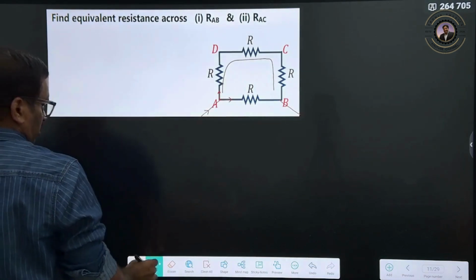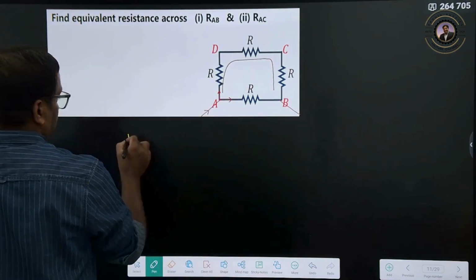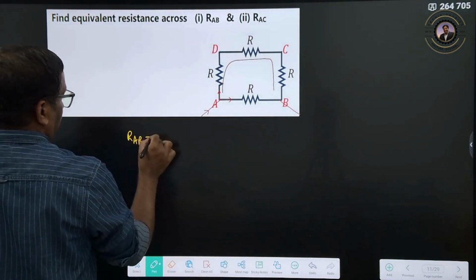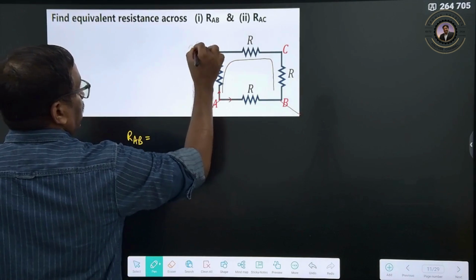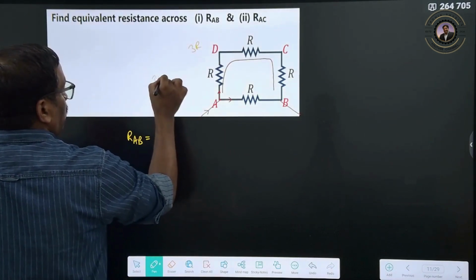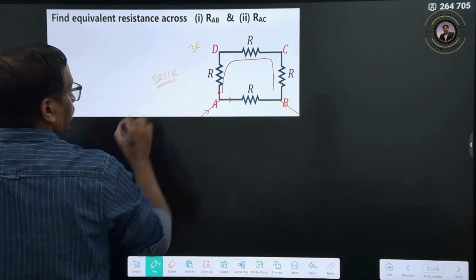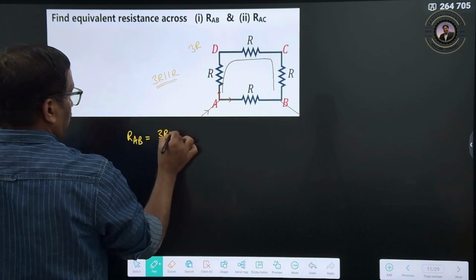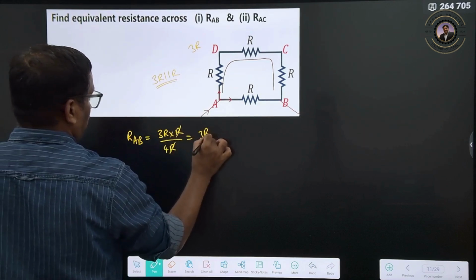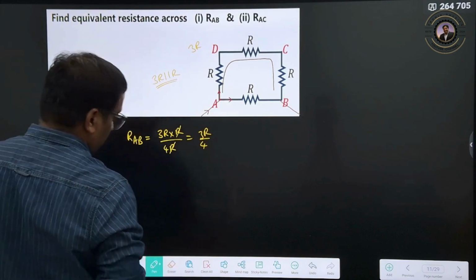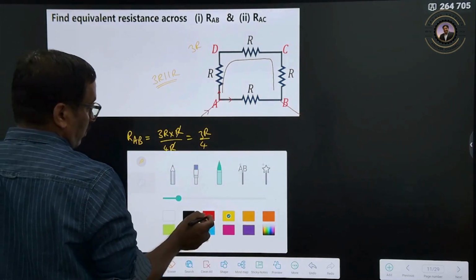So I can rewrite RAB: these three are in series, therefore it is 3R. So 3R is parallel to R. So 3R into R by 4R, R gets cancelled out, 3R by 4. So resistance AB is 3R by 4.